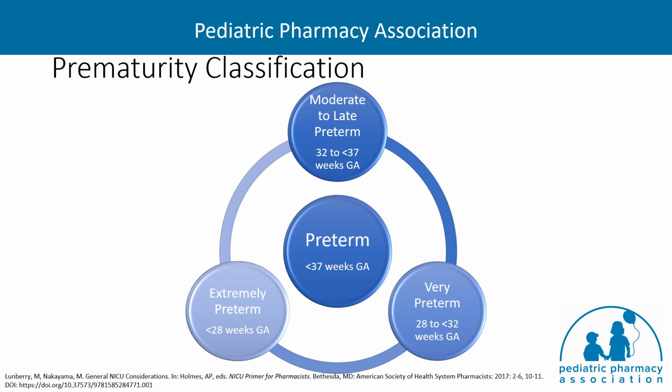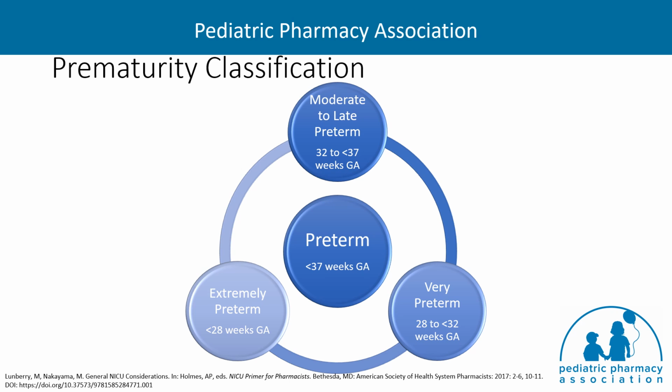I've mentioned on a few slides so far preterm versus term when describing a neonate. So let's break that down a little more. The first section I want to talk about is prematurity classification. Any baby born prior to 37 weeks gestational age will be classified as preterm. These are further subdivided based on degree of prematurity.